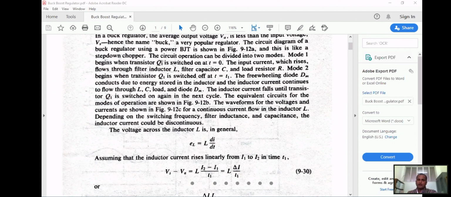It has a filter inductor, filter capacitor, and a freewheeling diode. So there are just two modes of operation: mode one when the BJT is conducting, and mode two when the BJT is off, not conducting. The voltage across inductor L in general is e_L equals L di by dt.